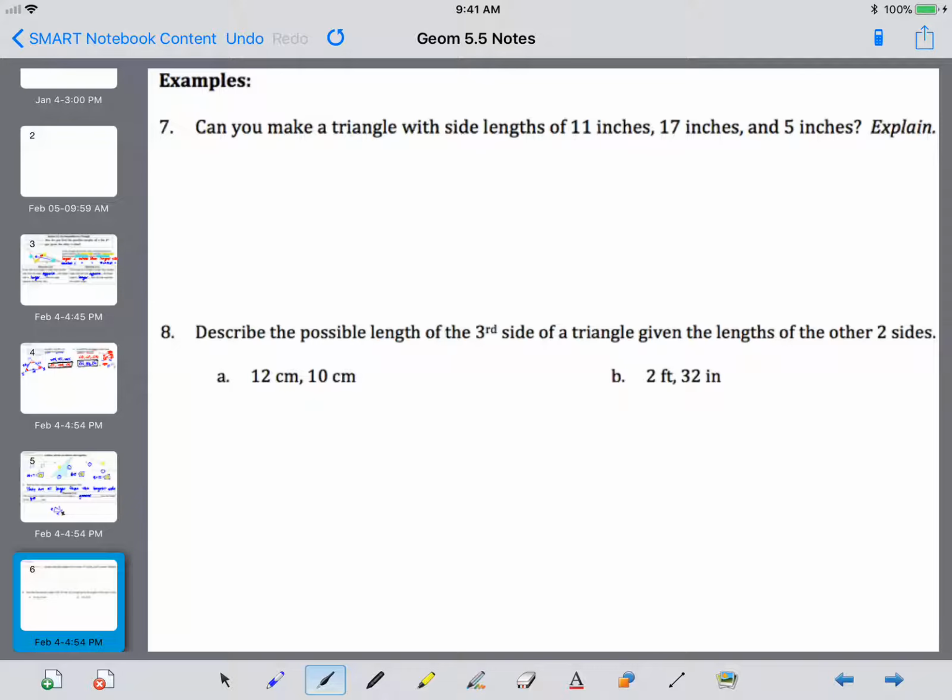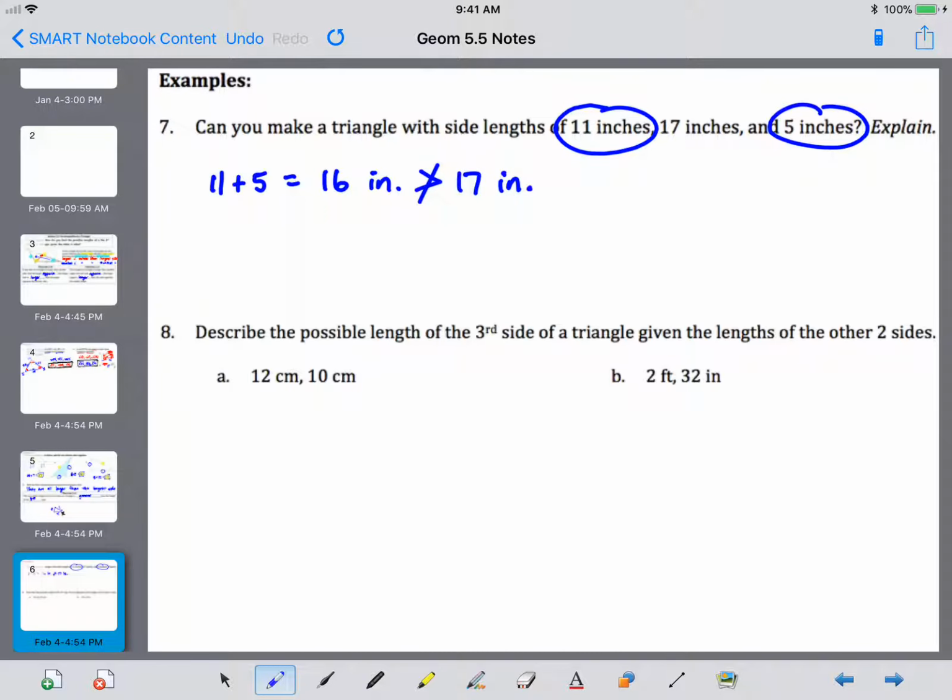All right, so let's look at some examples using that idea. First of all, in number 7, can you make a triangle with side lengths of 11 inches, 17 inches, and 5 inches? So if we take the shorter two sides and add them together, we get 16 inches. And unfortunately, that is not greater than the longest side.